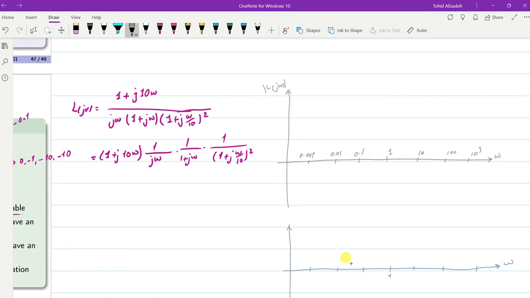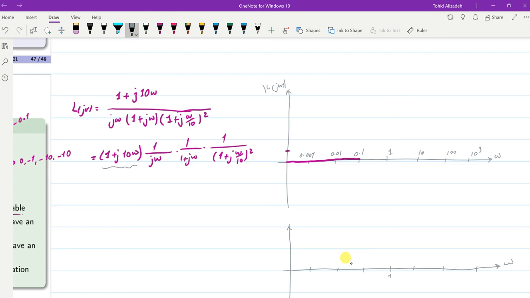Let's go through the components one by one. The first component is 1 plus j 10 omega. It's a zero which is located at minus 0.1. So the corner frequency for the zero will be equal to 0.1. Approximate amplitude plot will be like this. So it will be 0 dB until that frequency.